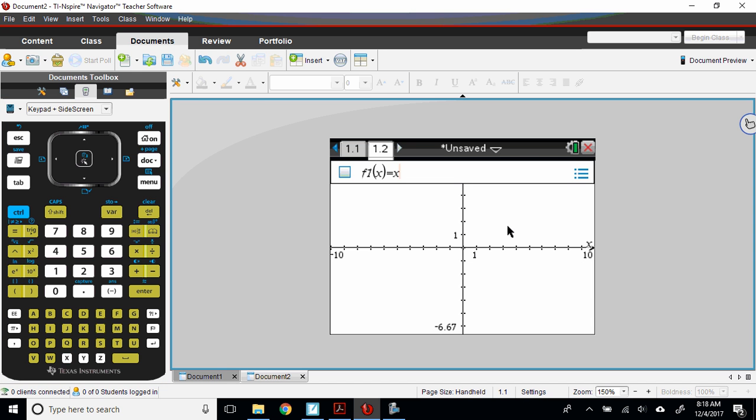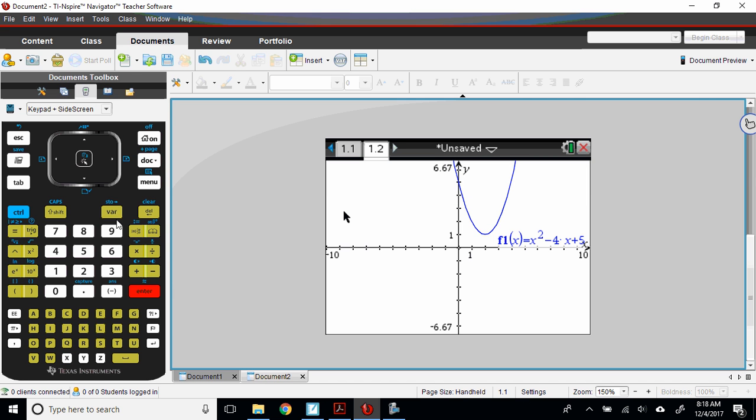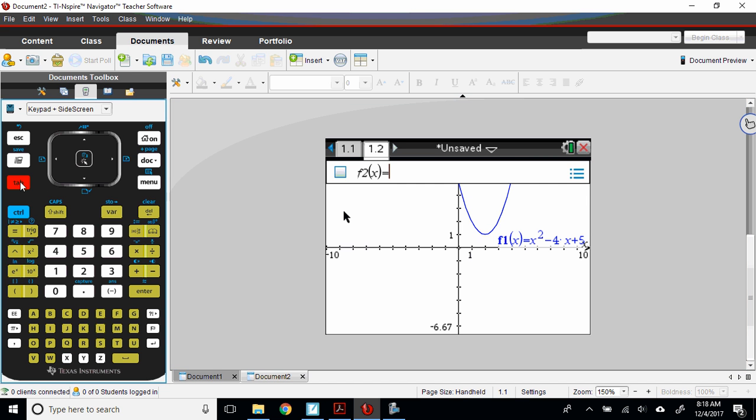X squared minus 4x plus 5. So there's the one graph, and I'll add the next one on the same graph. Negative x squared, take away 5. Wow, yeah, it's pretty clear there that those things don't even come close to intersecting, right?